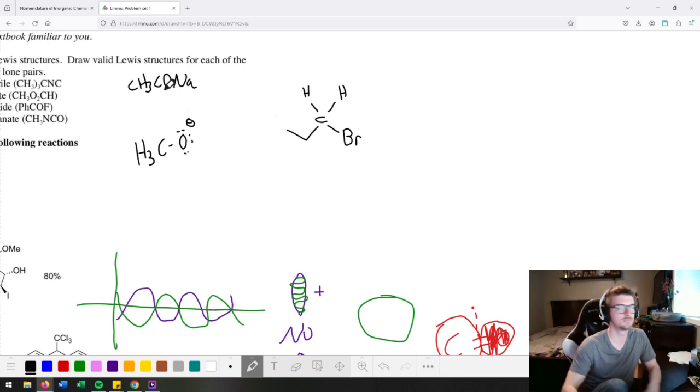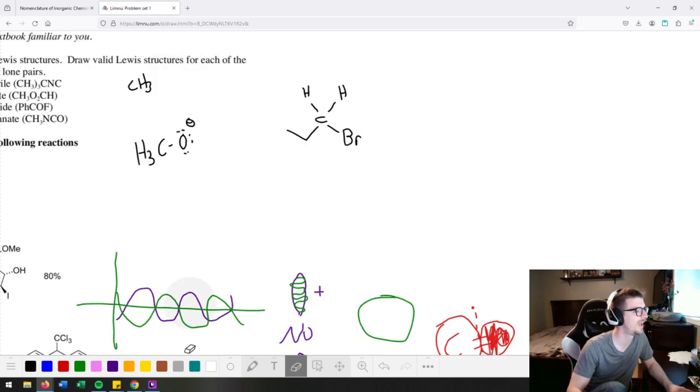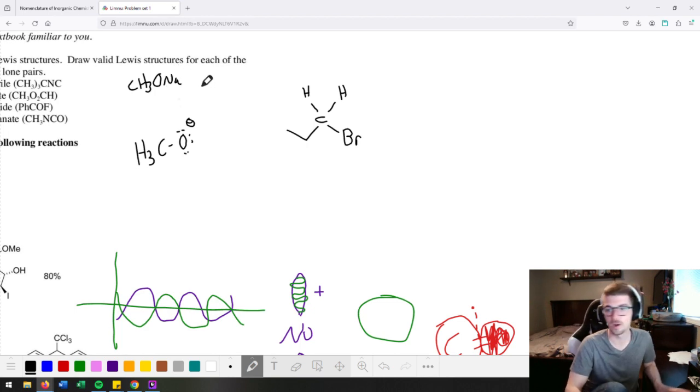This is something that I've drawn wrong. Just a moment. CH3O Na. Okay, so this is sodium methoxide. So it's basically a methanol that's been deprotonated, so it's got this negatively charged oxygen.